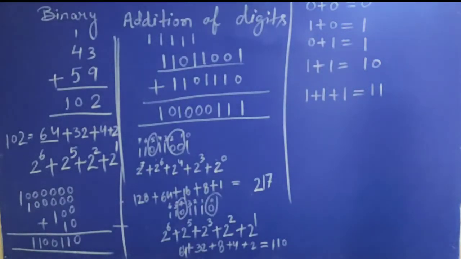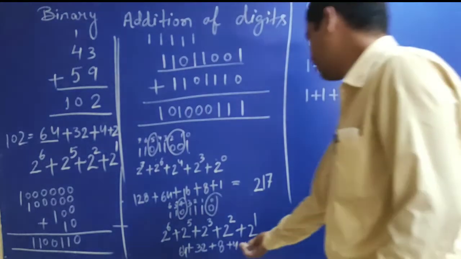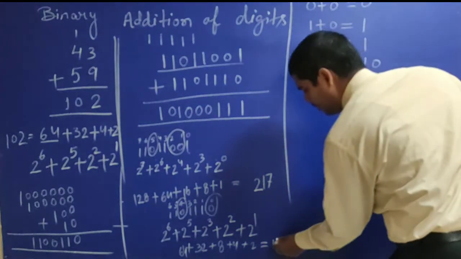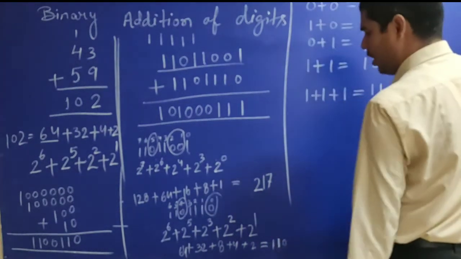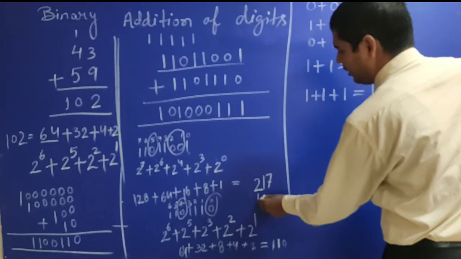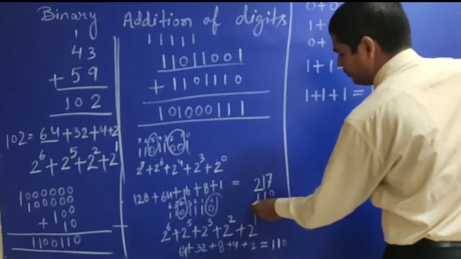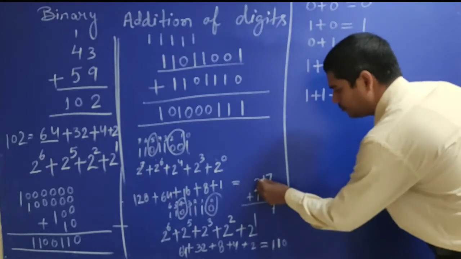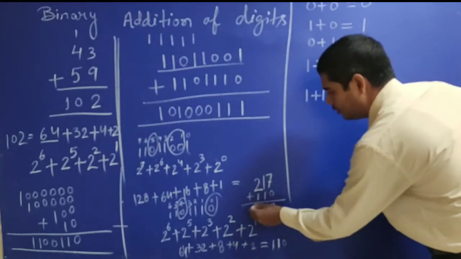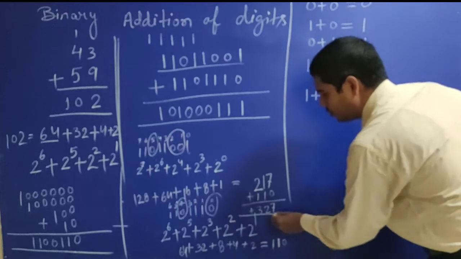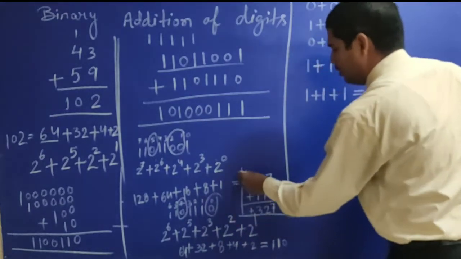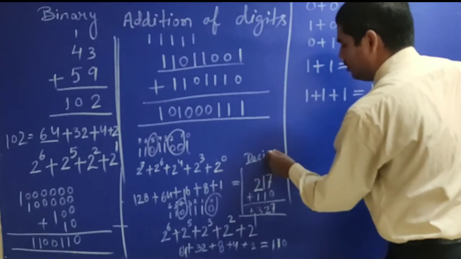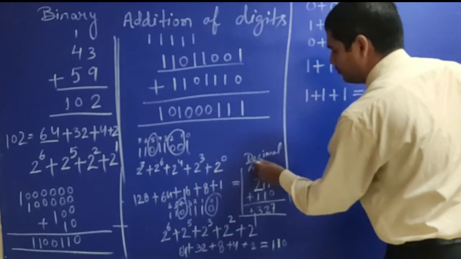Now we will add 217 and 110: 7 plus 0 is 7, 1 plus 1 is 2, 2 plus 1 is 3. So the result is 327. So this is decimal addition.